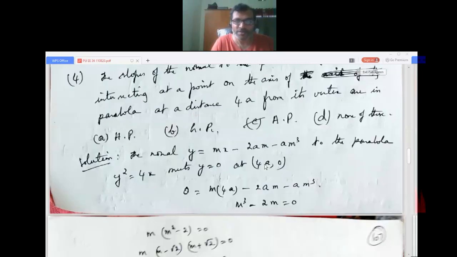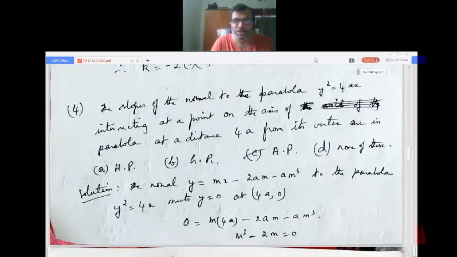I hope it is clear. Once again, the slopes of the normal to the parabola y squared equals 4x, understand the problem, intersecting at a point on the axis of the parabola at a distance 4a from its vertex. I am taking the axis as x-axis. Are in HP, GP, AP, none of these.